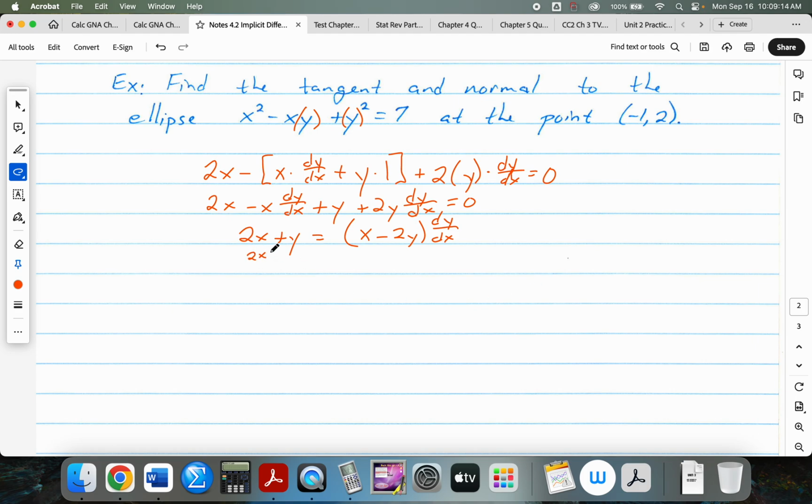So then 2x plus y over x minus 2y is dy dx.